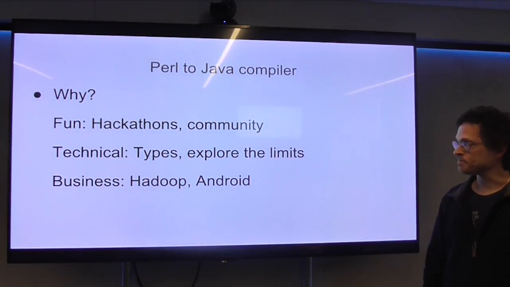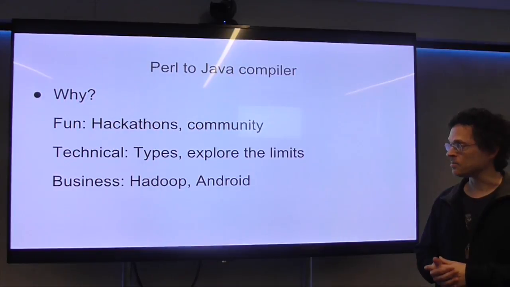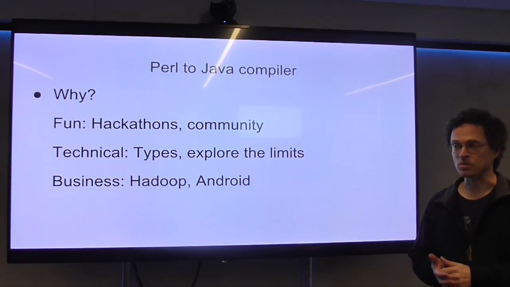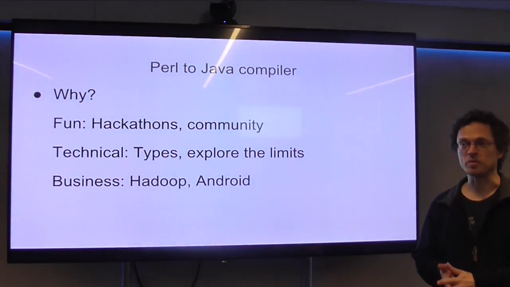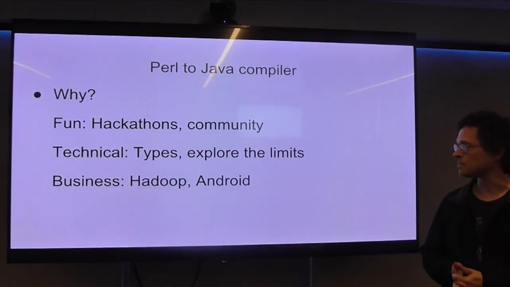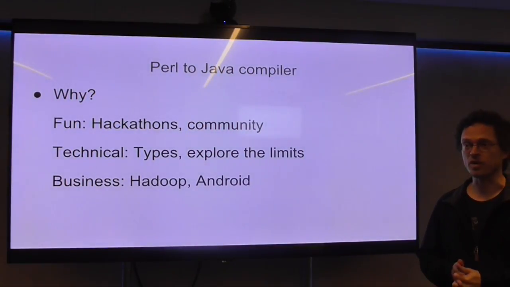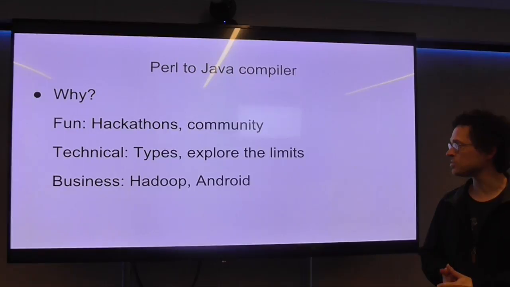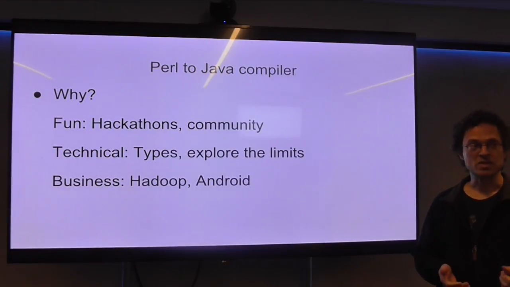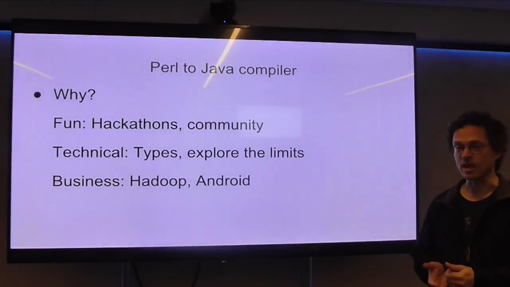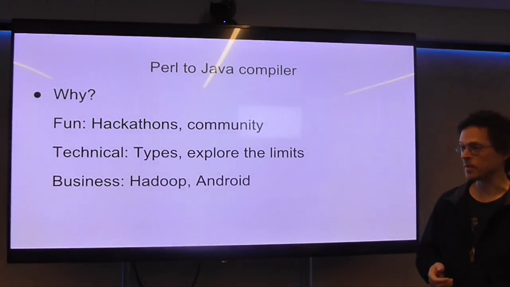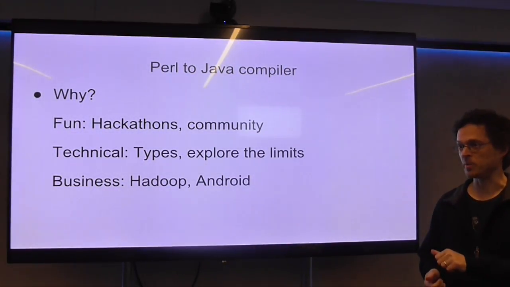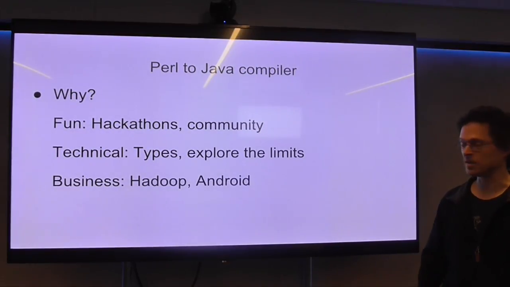So we're also exploring what we can do with types that are provided by Java, what kind of performance we get out of this. Yeah, we can access a lot of Java libraries. We also miss some of the Perl specific stuff, so we are exploring.